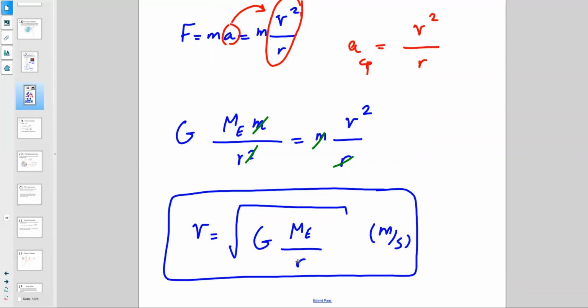So the only change we have is the radius, which can cause the velocity to change. If you have a high radius, then you'll have a low velocity. If you change r, then the velocity will change.